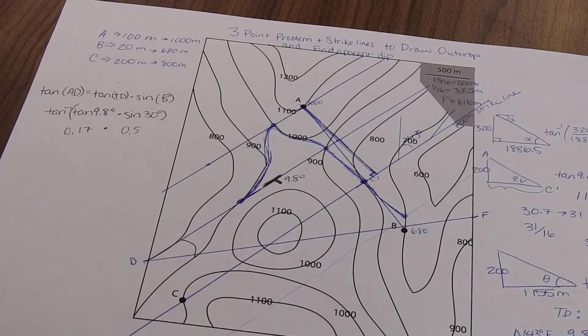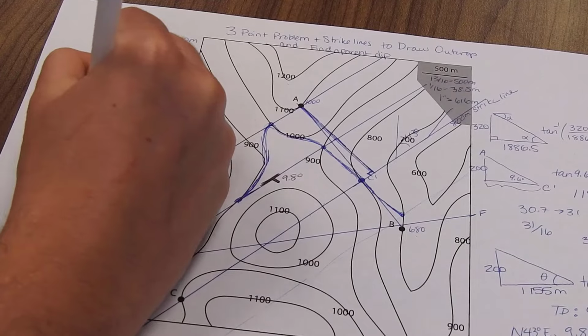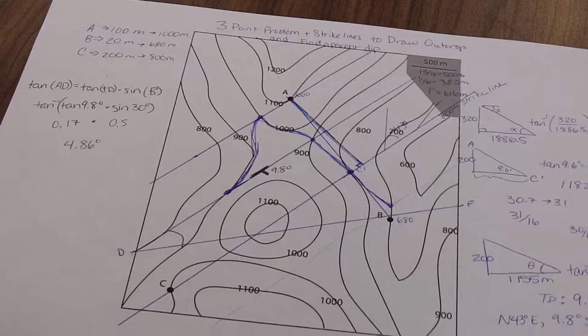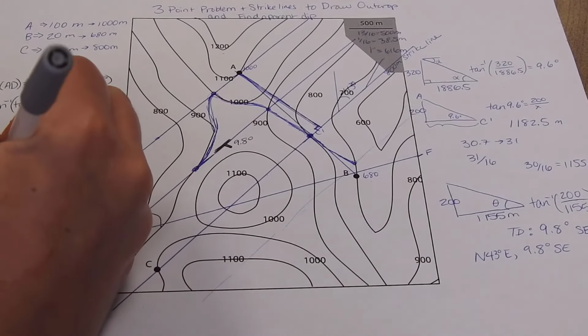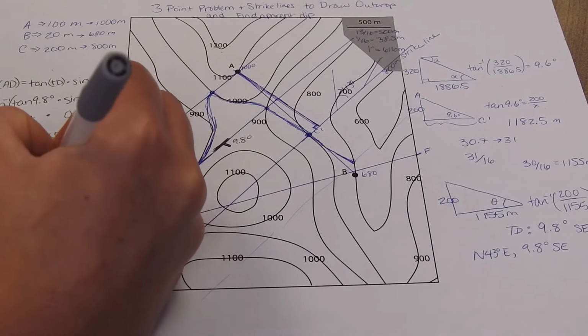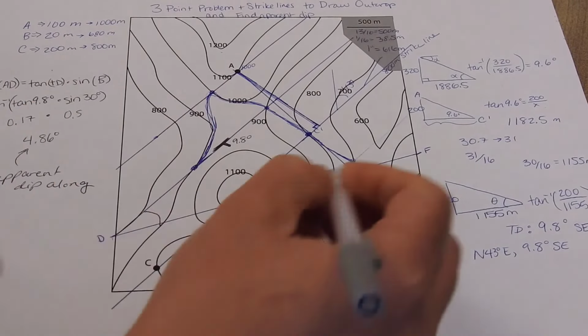And we're going to do the inverse tangent of that. And I get 4.86 degrees. So this is the apparent dip along DF.